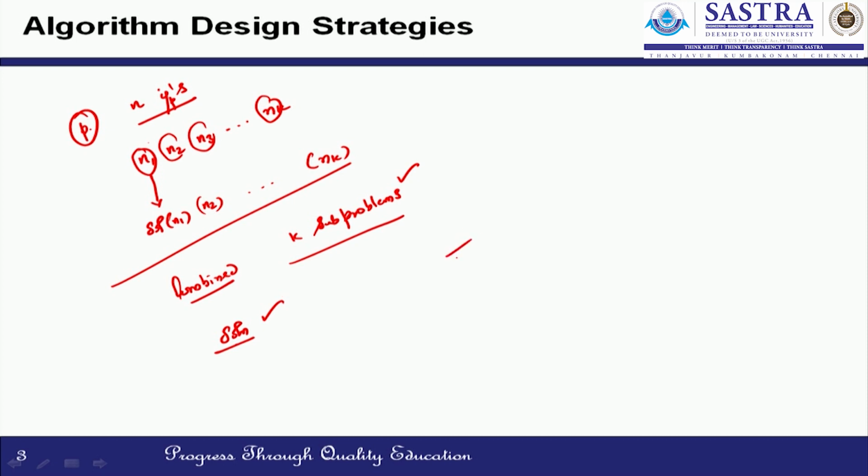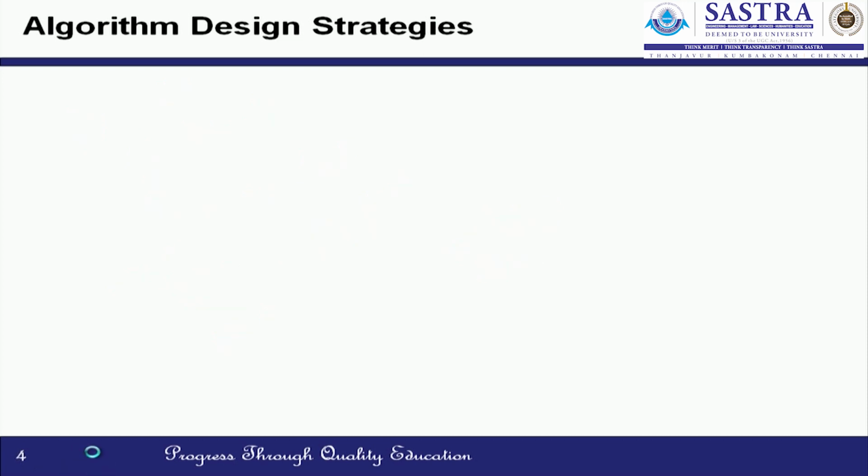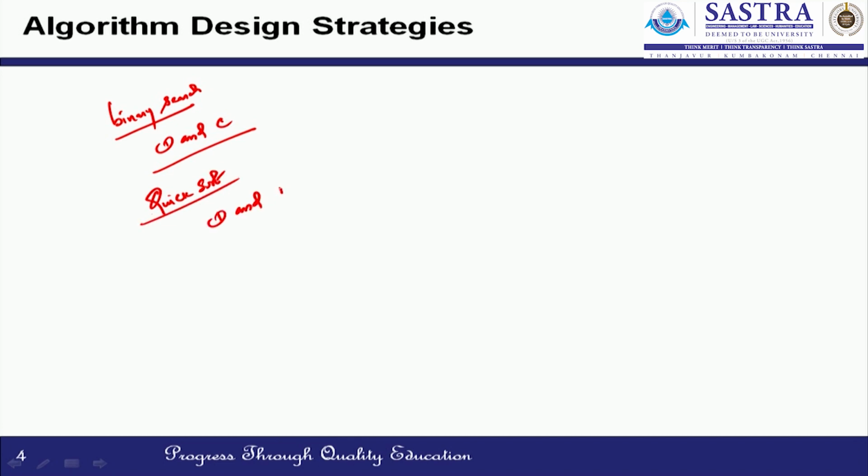We have applied this divide and conquer logic to the searching problem as well as the sorting problem. In searching, we have seen binary search logic. In binary search, we have applied the divide and conquer logic. Then in the quicksort algorithm, please recall that we have applied the divide and conquer logic.